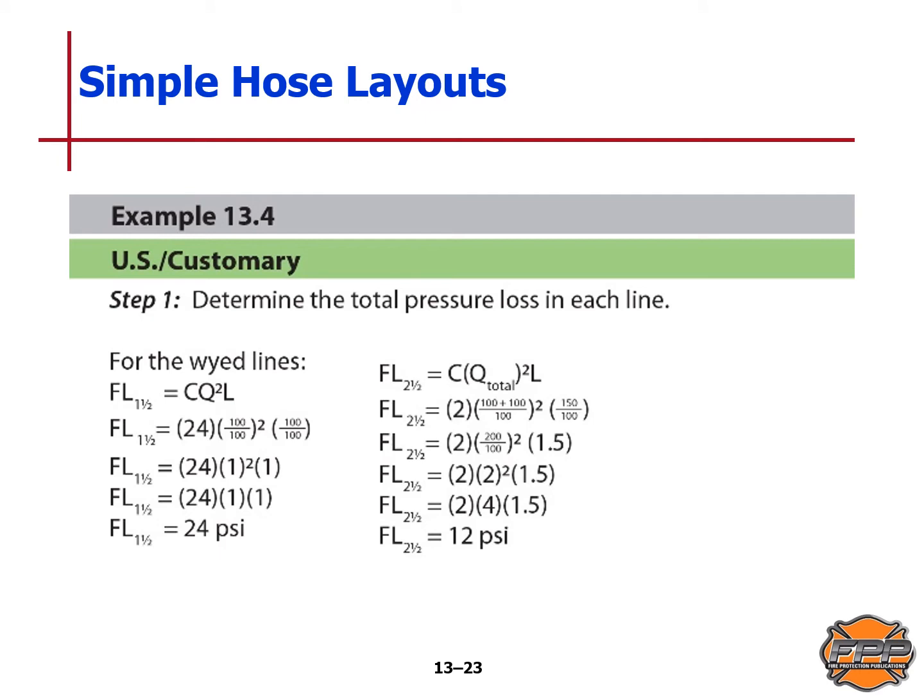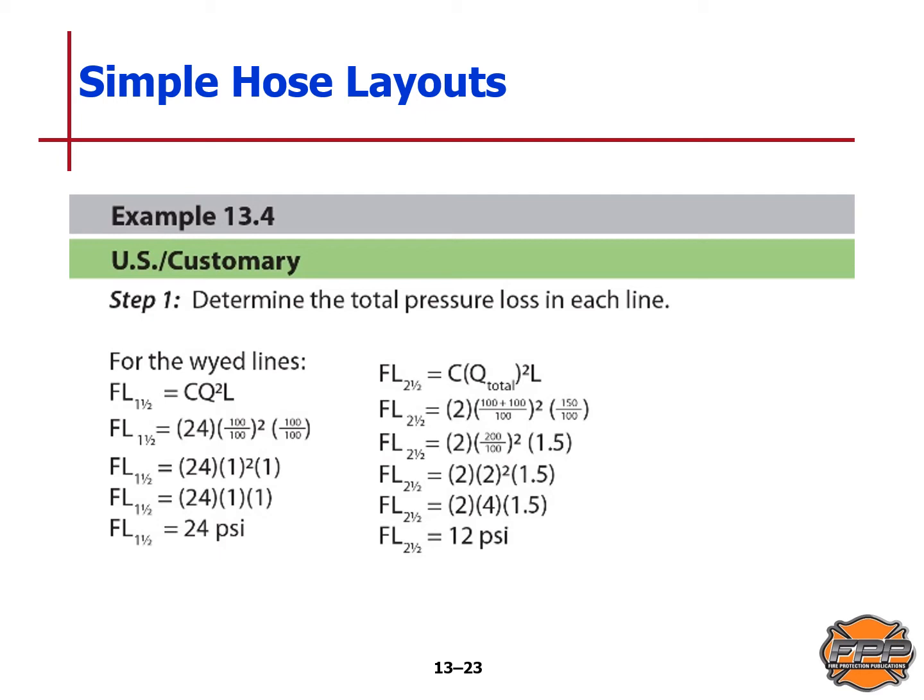For the wide lines, we've got friction loss for the 1.5 inch line equals CQ squared L. There's our old friend, that formula. So the friction loss for 1.5 is, once we plug in the numbers, 24 times 100 over 100 squared times 100 over 100.